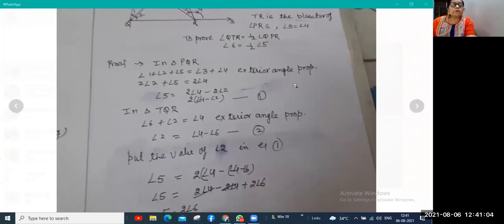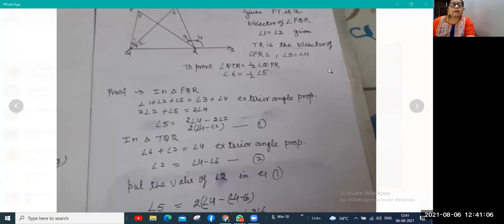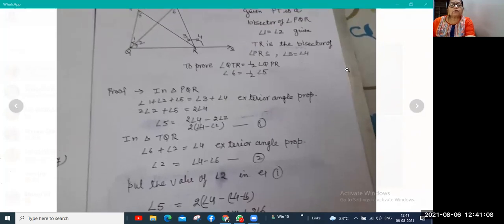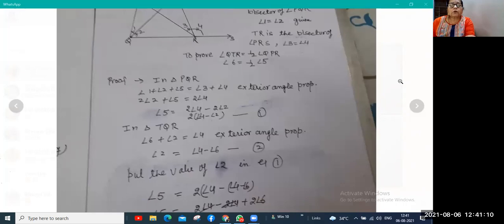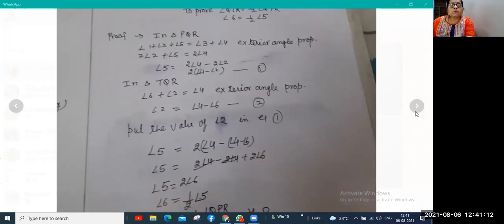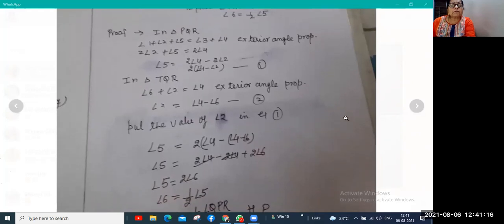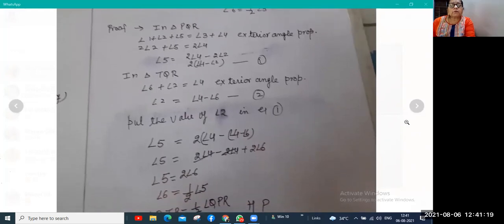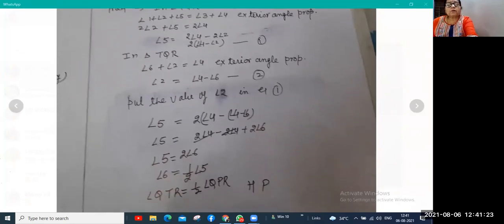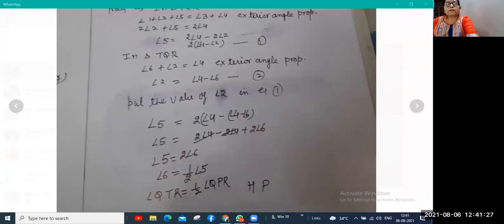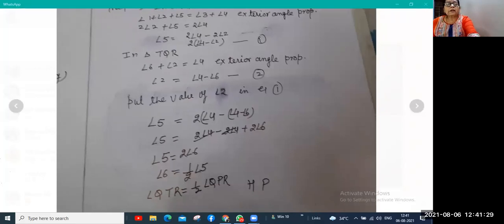Equation number 1 is this one. Angle 5 is equal to double of angle 4 minus double of angle 2. Here I am putting the value of angle 2 from equation number 2. So angle 5 will be equal to double of angle 4 minus 2 times (angle 4 minus angle 6).